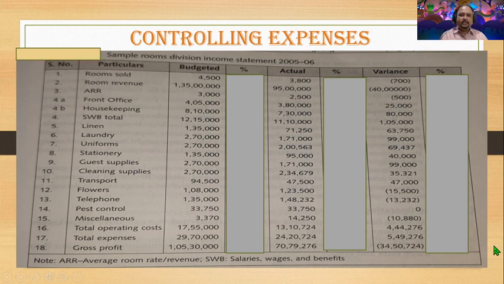So in this way we need to understand how the budget can be controlled, and this is one of the very important formats which will help you in understanding in a better way. Here a few abbreviations are listed, and those are detailed in the note. ARR is average room rent or room revenue, SWB is salary, wages and benefits. So in this way you need to prepare a chart.